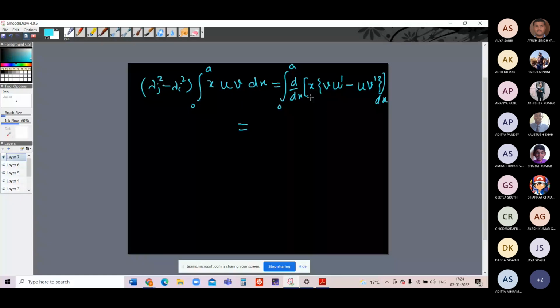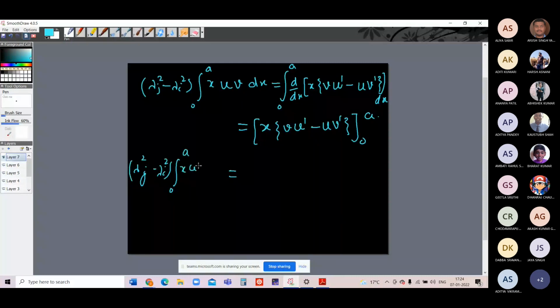After integrating on the right hand side, we will get x (v u dash minus u v dash) from 0 to a.